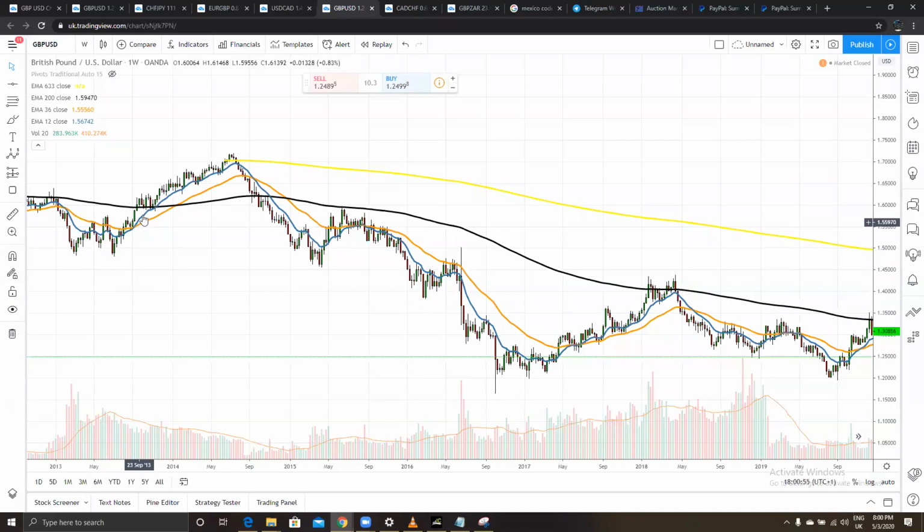So when the currency is gravitating towards the 633 EMA on any time frame, I will be looking at that area as an area whereby if the price is coming from the downside, I will be looking at that area as an area where price is likely going to be overbought, right?